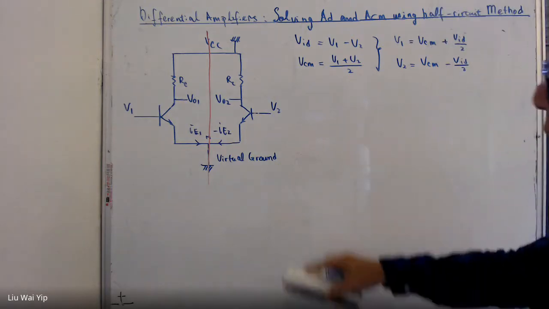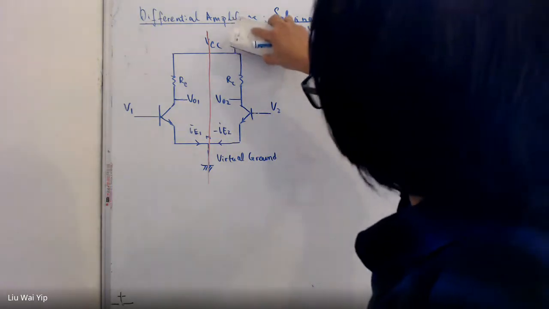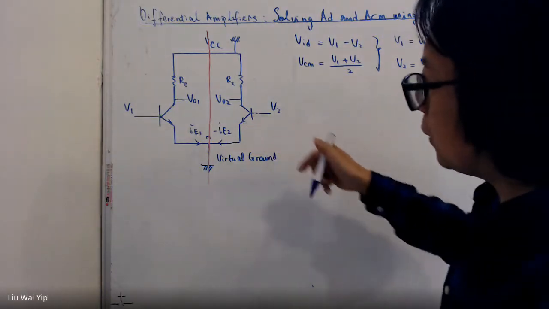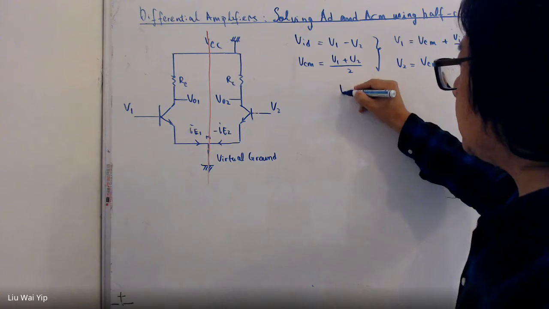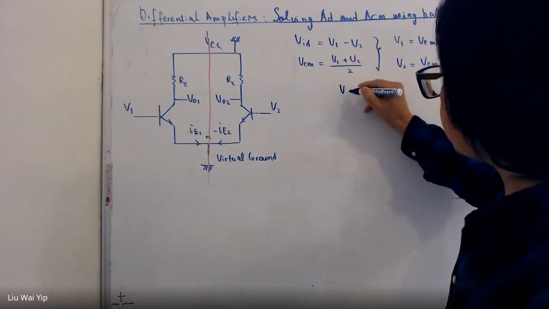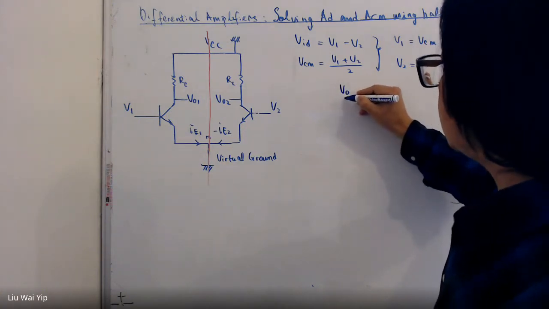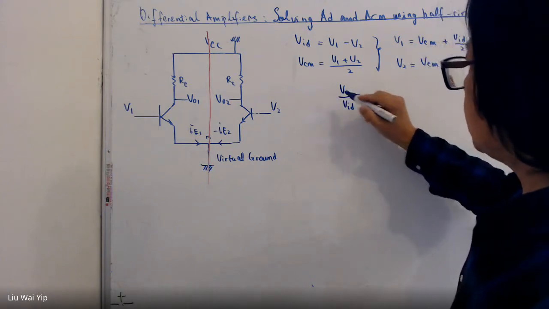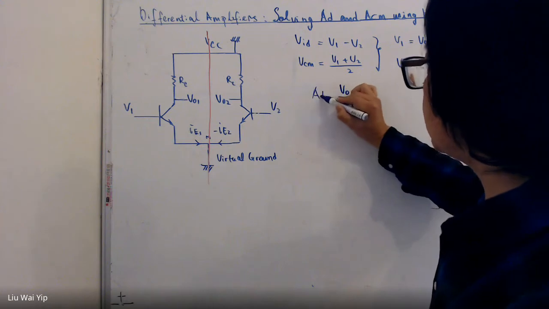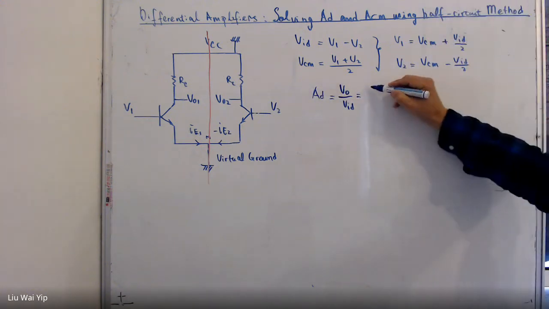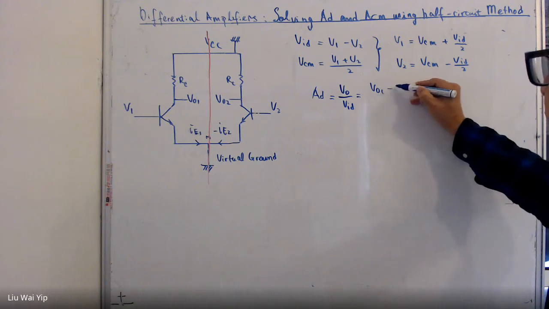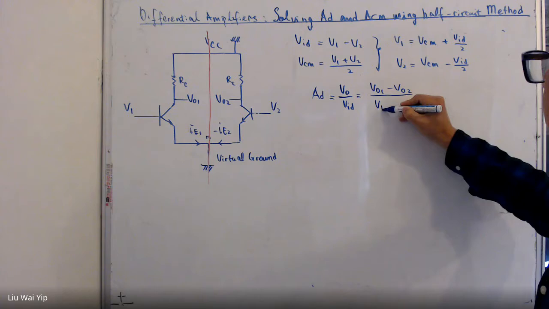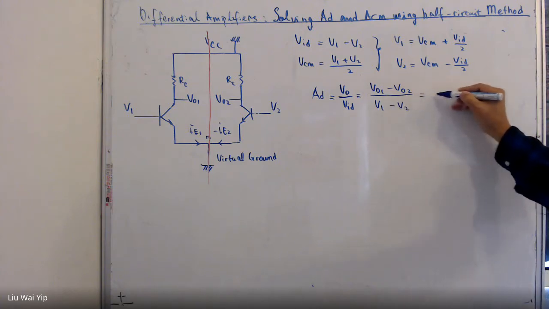And now we are going to solve the circuit and see if we can get the same result. We expect the result for Vout over VID, which is the so-called differential voltage gain, to be V1 minus V2.